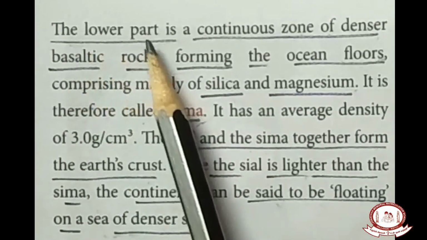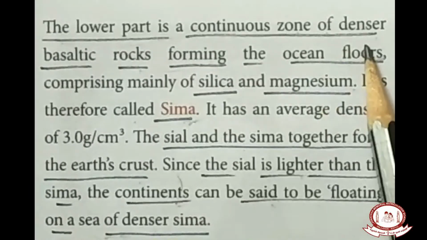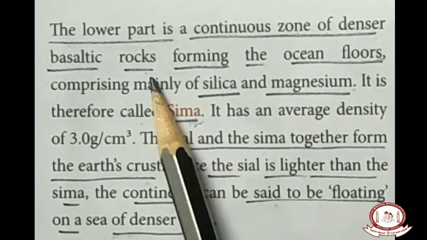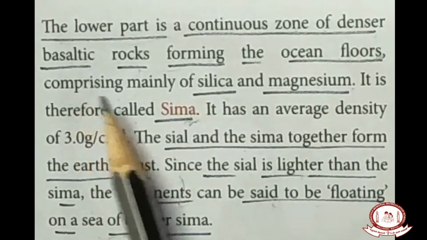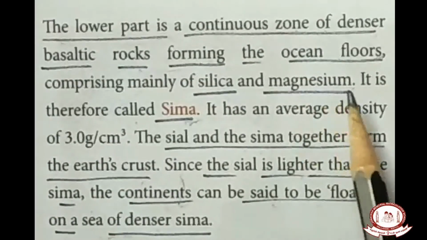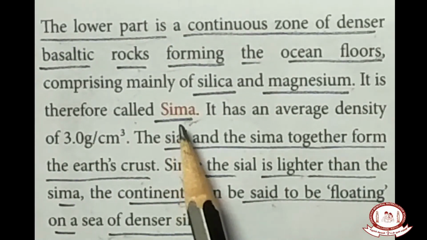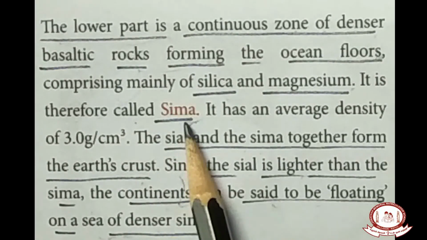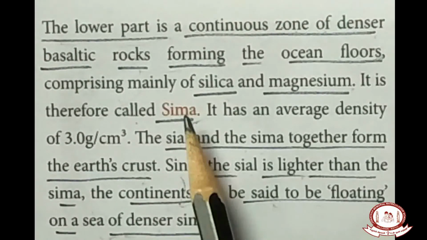The lower part is a continuous zone of denser basaltic rocks forming the ocean floors, comprising mainly of silica and magnesium. Therefore, it is called Sima. Do you understand? First put the subheading Sial and write that part, and then write Sima and write the 4 lines given. Thank you, children.